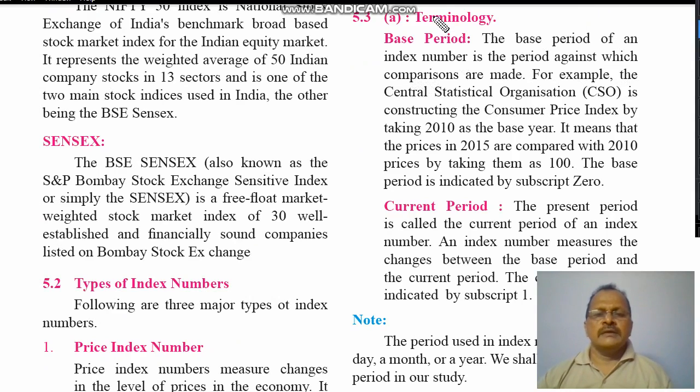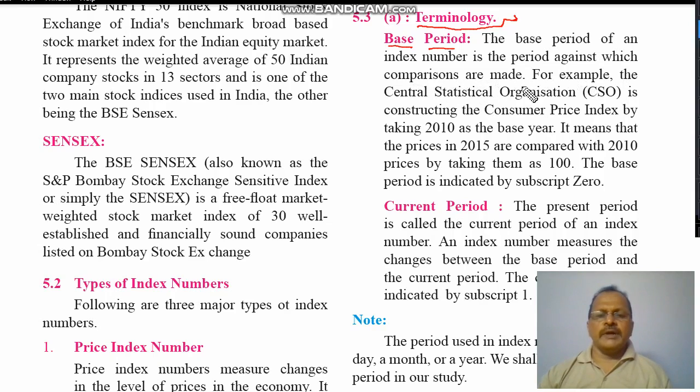Let us see the terminology that we are going to use in this lesson. First one is base period. The base period of an index number is the period against which comparisons are made.